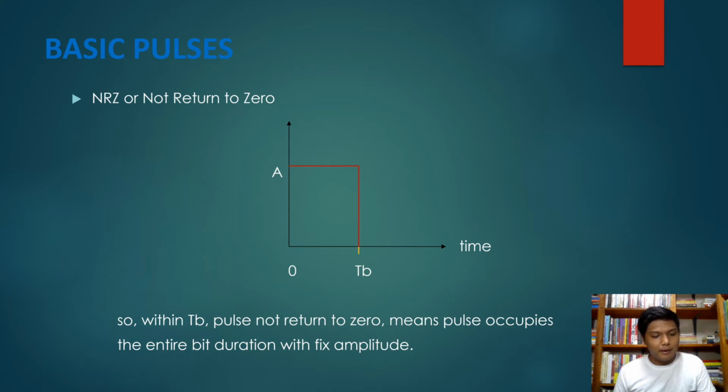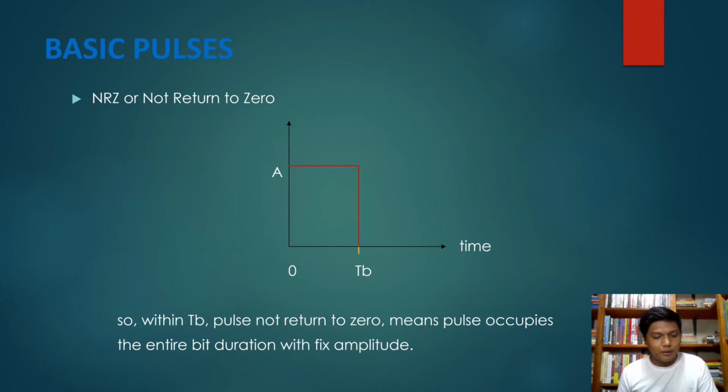During the entire pulse duration TB, the amplitude will not return to zero. That's why this is no return to zero. This is one type of pulse where the amplitude remains constant.